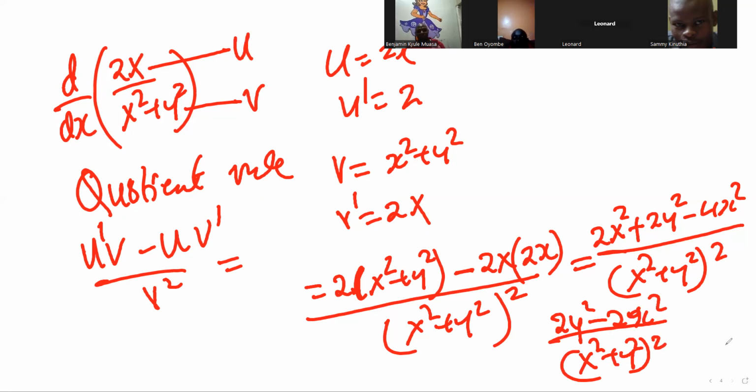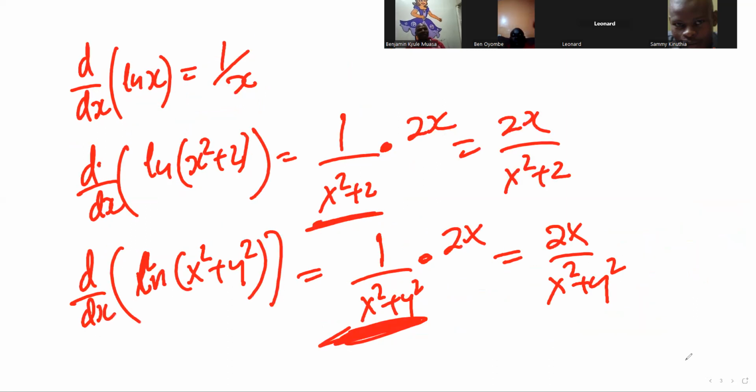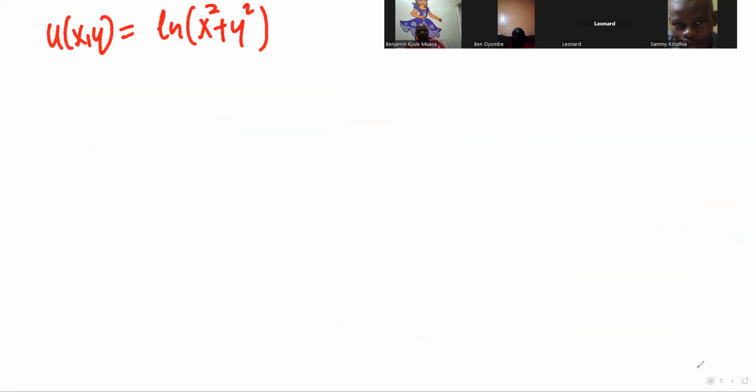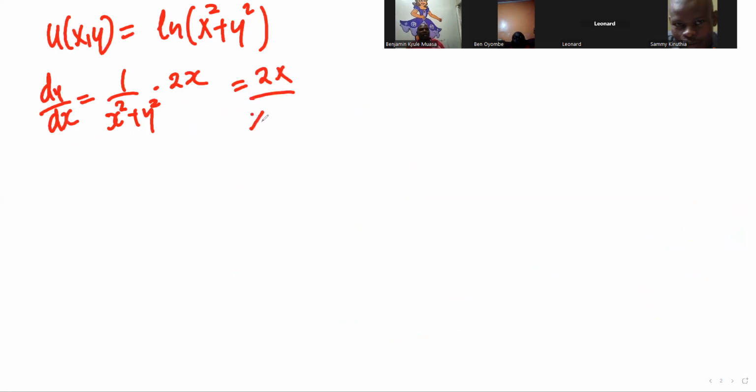So now let's go back to our question, but now I'm going to do it in a simple way. Our du dx will be equal to 1 out of x squared plus y squared times 2x, which is 2x out of x squared plus y squared. That's okay? Yes.